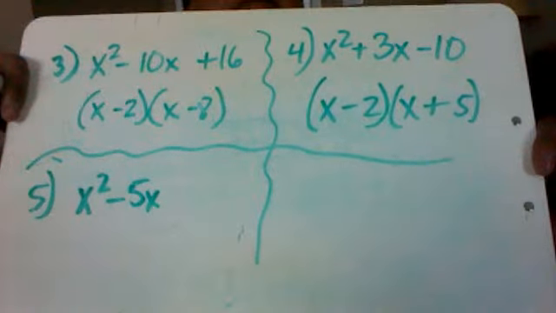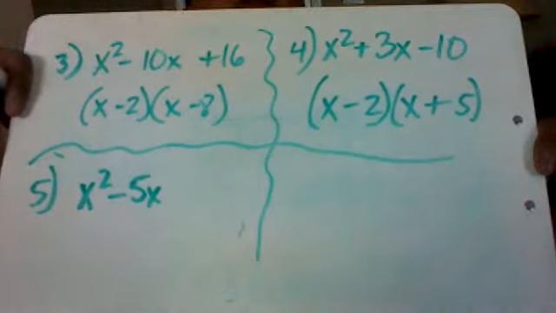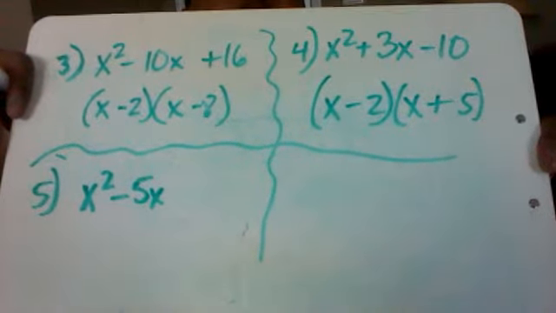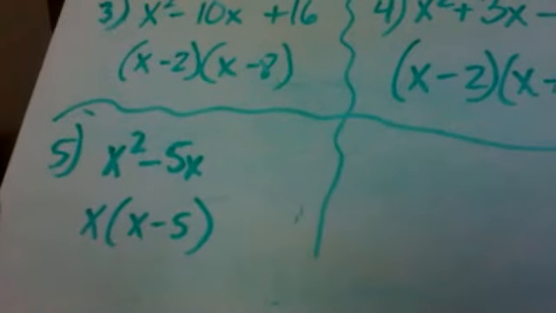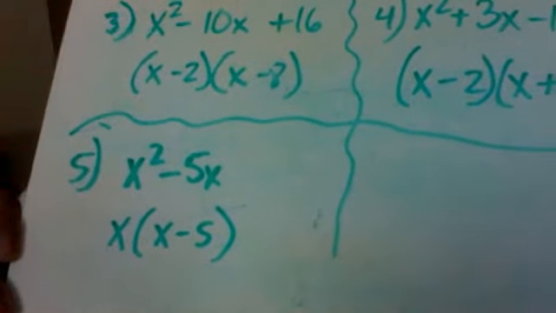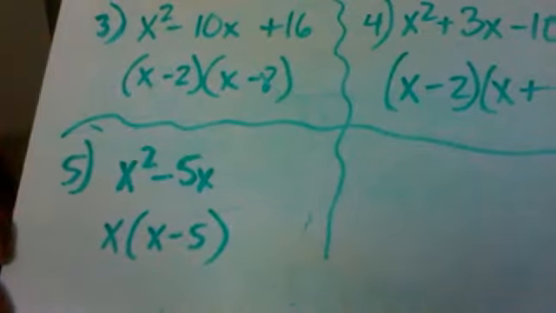The only possibility is for you to factor out one of your variables. In this case, you see you have x in both terms. So you simply factor out x. Alright, and that is considered to be simplified. x parentheses x minus 5. That is actually factored. Even though it doesn't look like the ones above, it's still factoring.